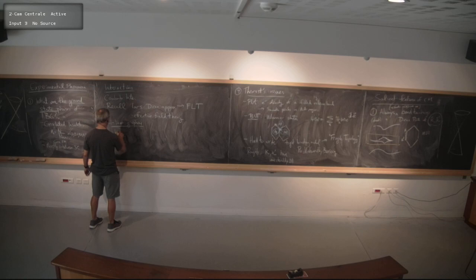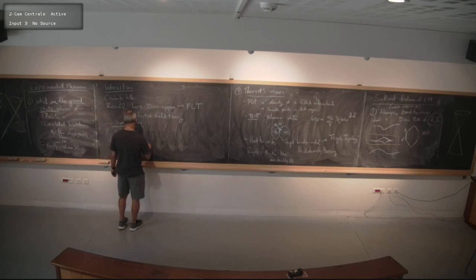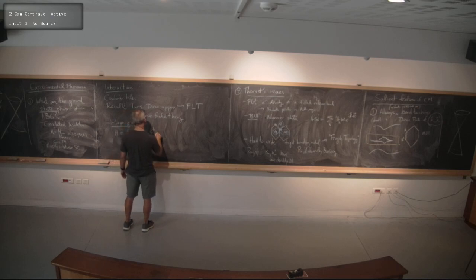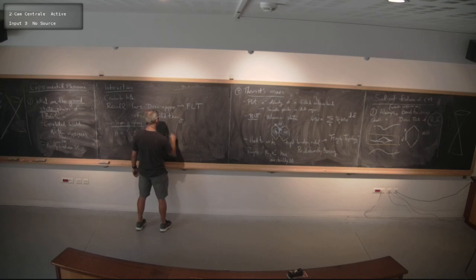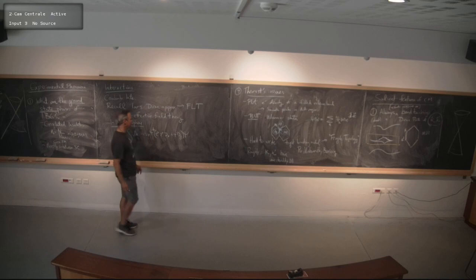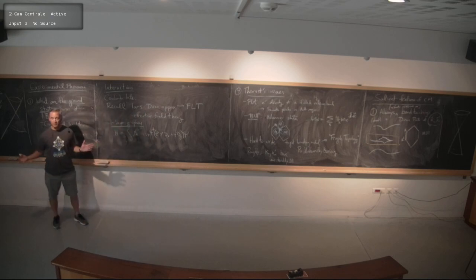And so we know that for non-interacting electrons, a good approximation is just the Dirac equation, but those electrons interact.